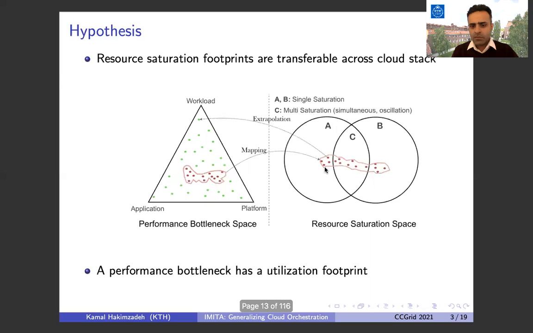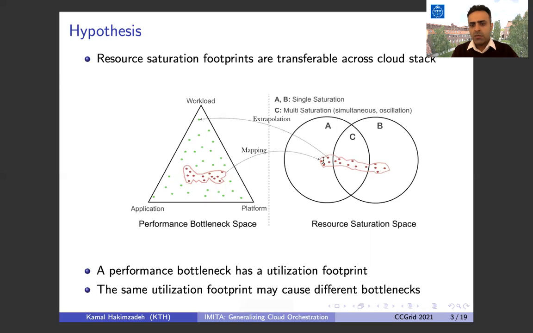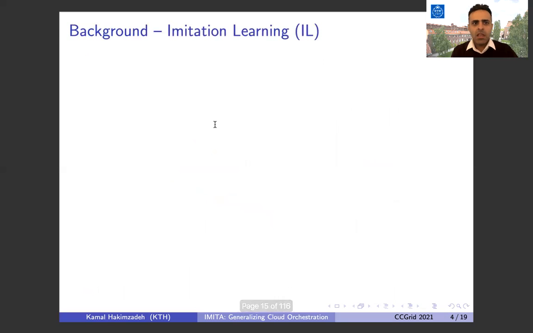The same utilization footprint may be caused by different types of bottleneck. So if you identify a utilization footprint through one performance bottleneck, then we can use it for different performance bottlenecks.